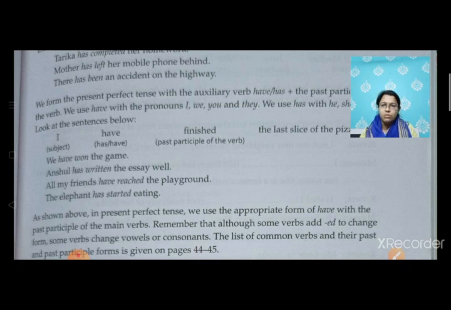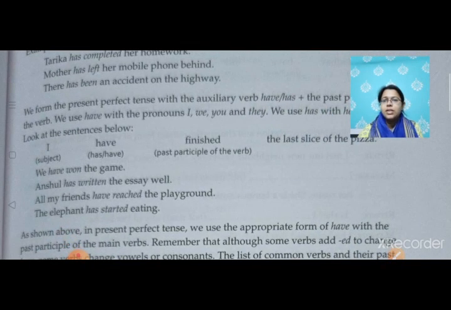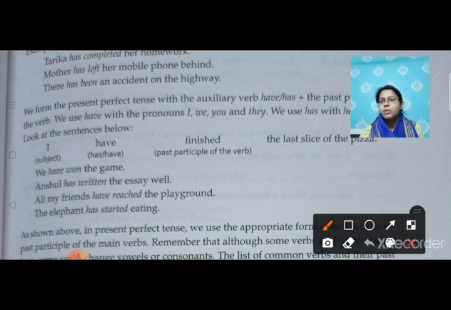Okay, we have won the game. Anshul has written the essay well, and all my friends have reached the playground, and the elephant has started eating. So here students, if you see the sentence, first one, we is plural, first person, इसीलिए have one लिखा है.